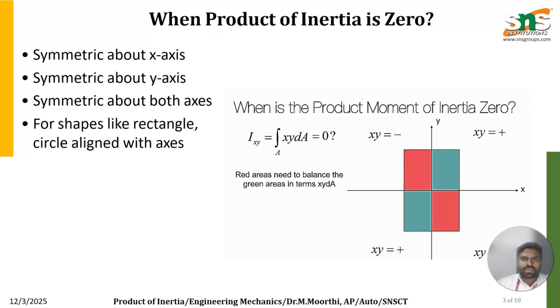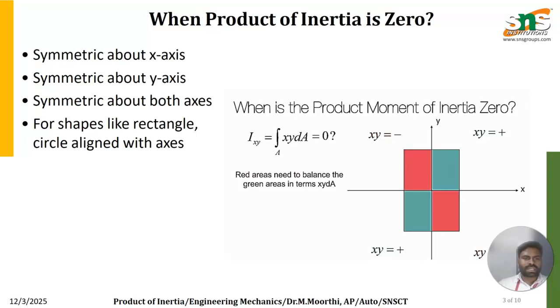Before getting into the product of inertia, we should know some basic concepts, namely when the product of inertia is zero. The conditions are that the object or the section is symmetric about the x-axis, or symmetric about the y-axis, or symmetric about both the horizontal and y-axis.